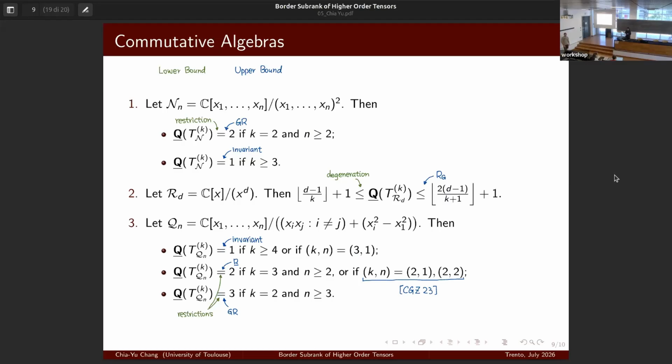But then it's the same behavior as the Einstein. It depends on what you mean by behavior. Like the number in front. Yes, these are all suitable. So the border rank is always the dimension of that. And the border subrank is something strange.